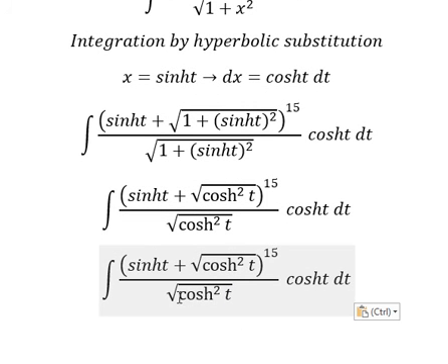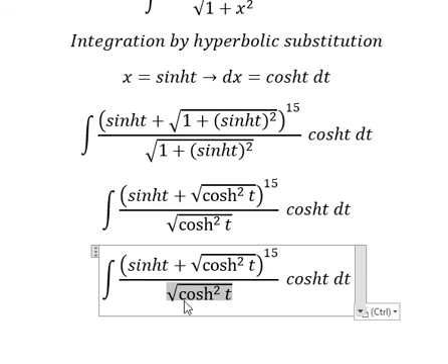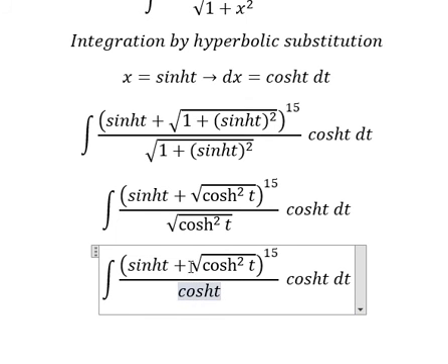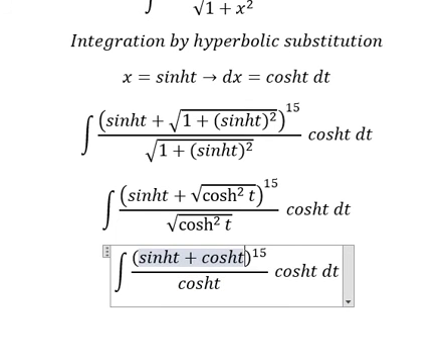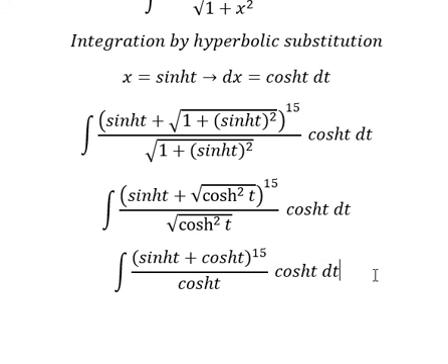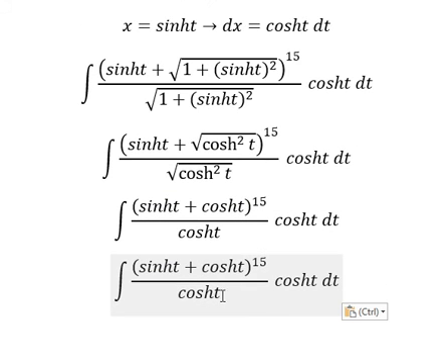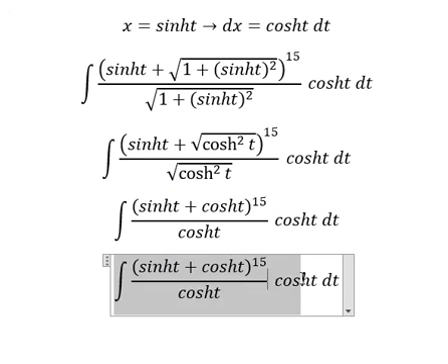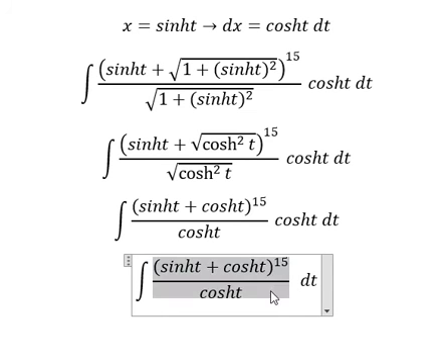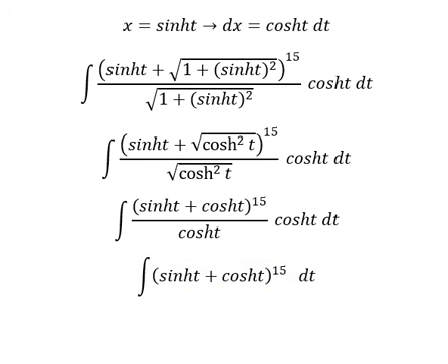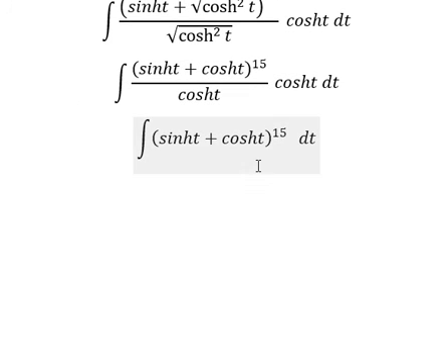The square root of cos squared t is cos t. Now we need to simplify cos t and cos t. So we just have like this. Now we have the second formula in here.